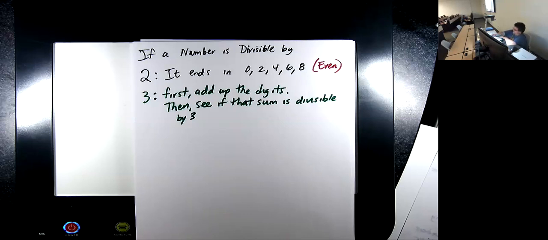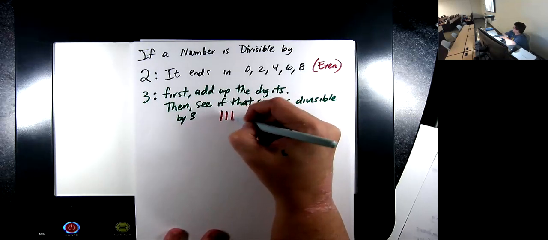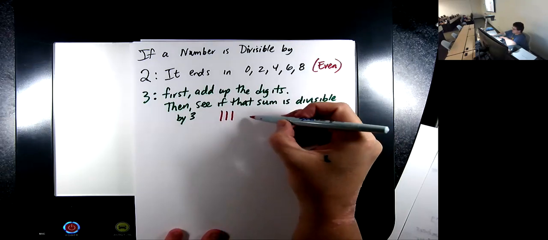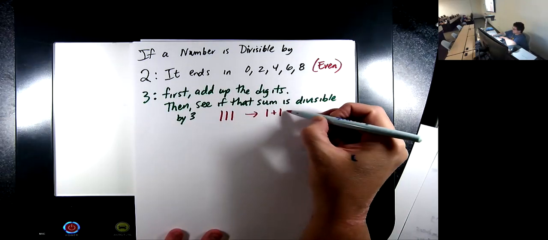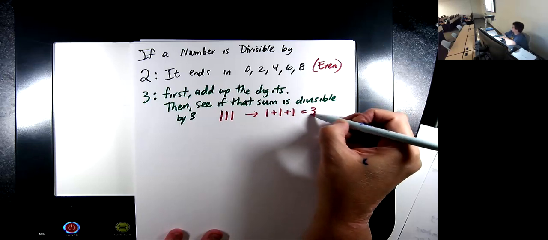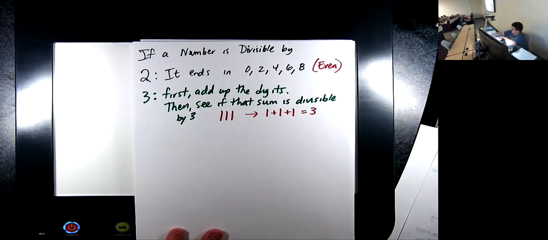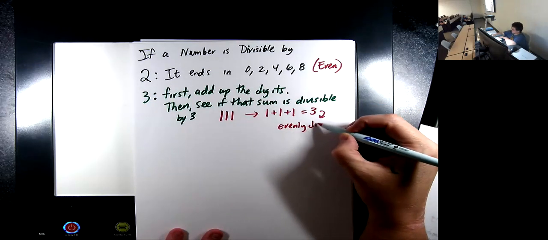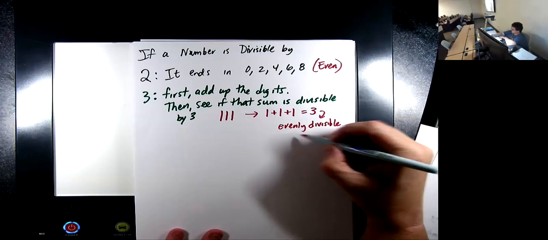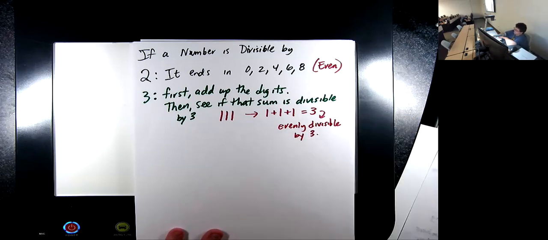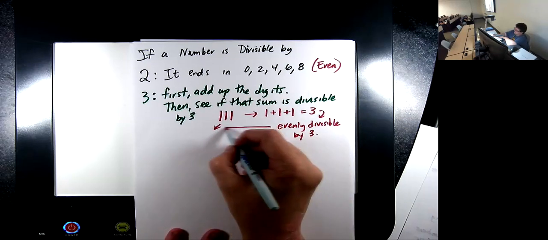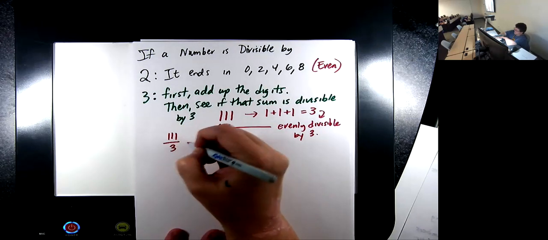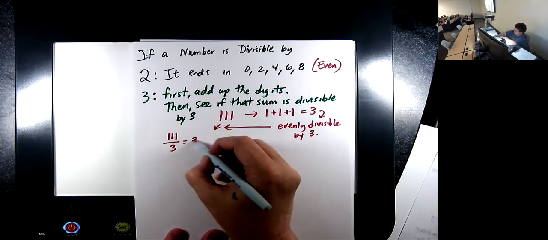The number 111. If I add up the digits, I have 1 plus 1 plus 1 equals 3. 3 is evenly divisible by 3, which means 111 is also. 111 divided by 3 is 37.